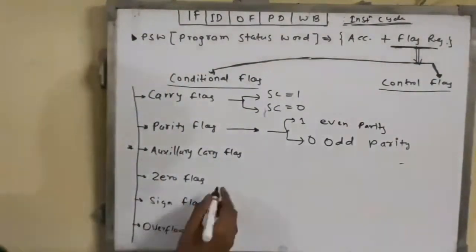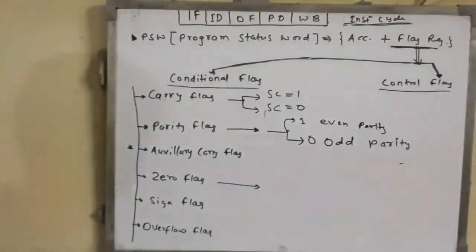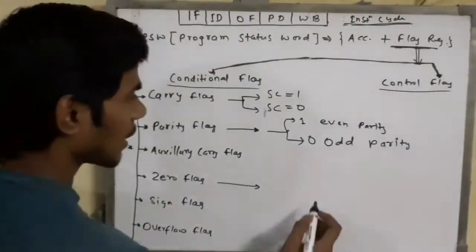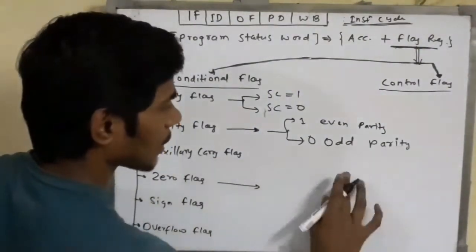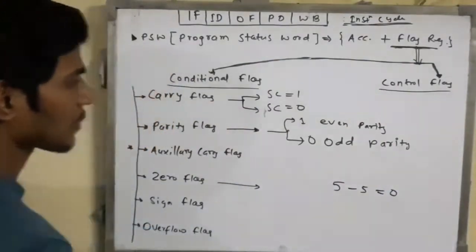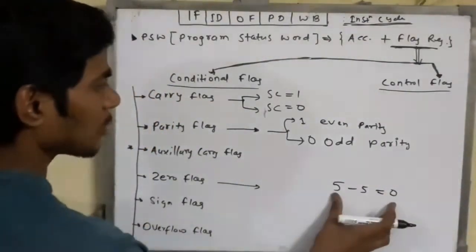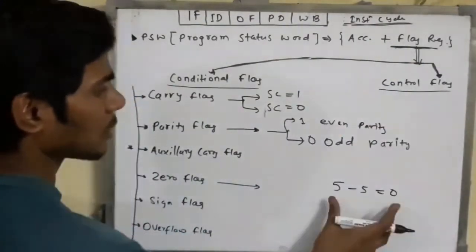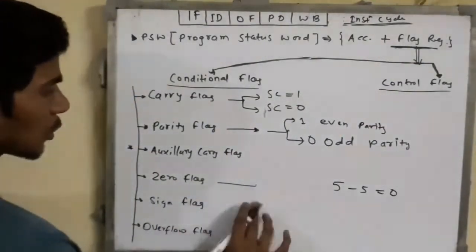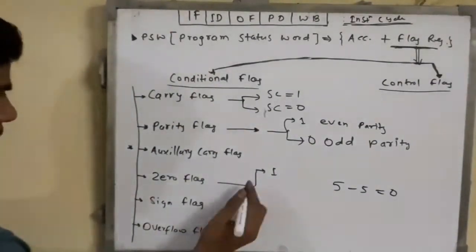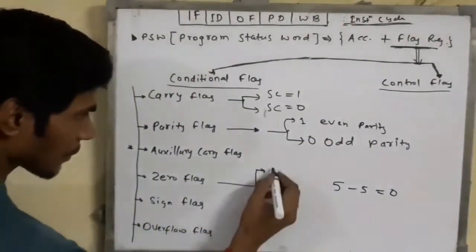Next, the zero flag. If we are performing some operation, like say I subtracted 5 from 5, then the resultant will be 0. If the accumulator has value 0, then the zero flag will be set to 1. Take a bit extra care here.